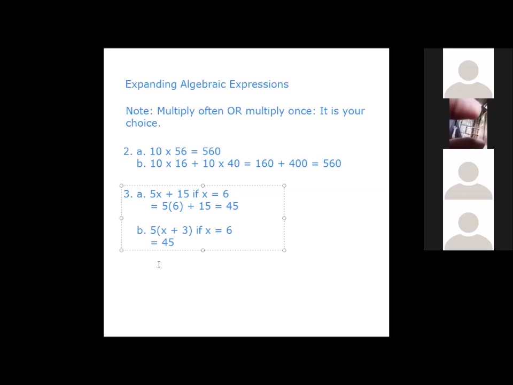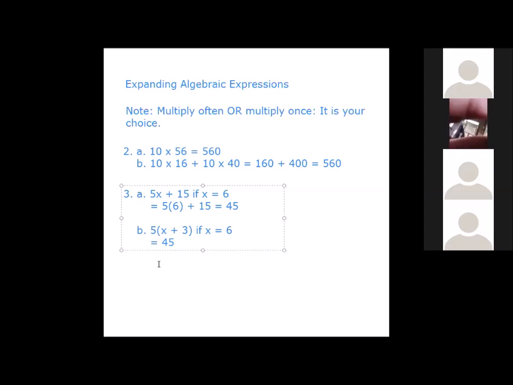Now, how about the second format? 5 times x plus 3. So, x plus 3, 8 plus 3 is 11. Times 5 is 55. So, the same? Yes, ma'am.